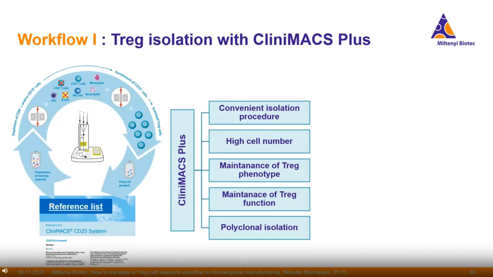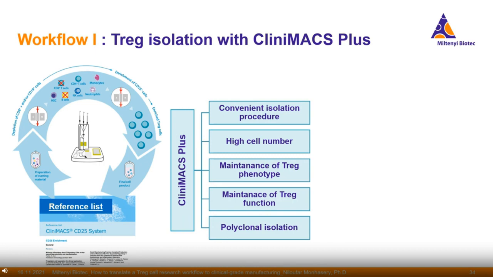The CliniMACS Plus device offers you different aspects like a convenient isolation process, very high recovery, high cell number yield, maintenance of Treg phenotype, maintenance of Treg function, and also polyclonal isolation. We have a reference list as well that you can use to see which teams are using this system and how efficiently it's working.